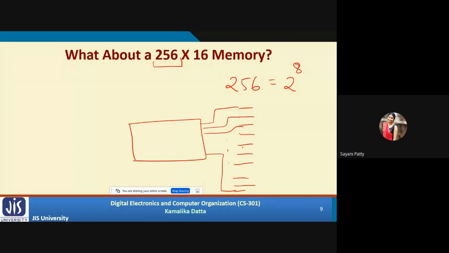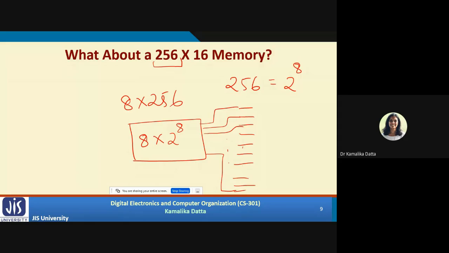Ma'am, 18 into 2 to the power 18. This is only 256, so 8 into 2 to the power 8, sorry ma'am. So I took that as an 8 cross 256 memory decoder.